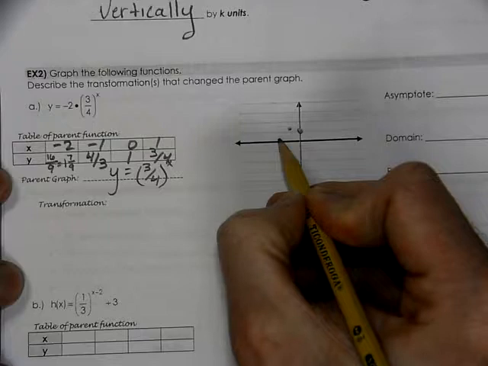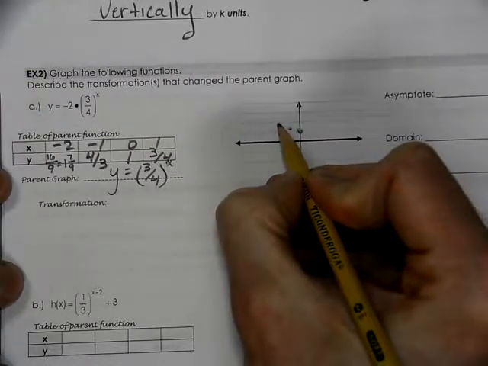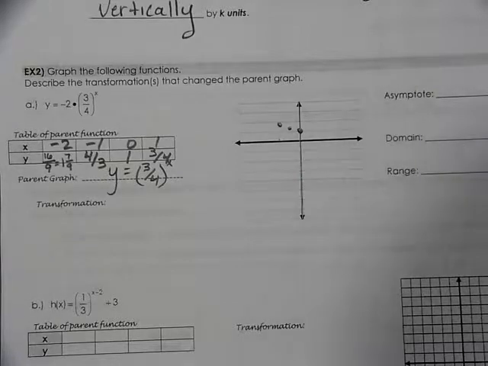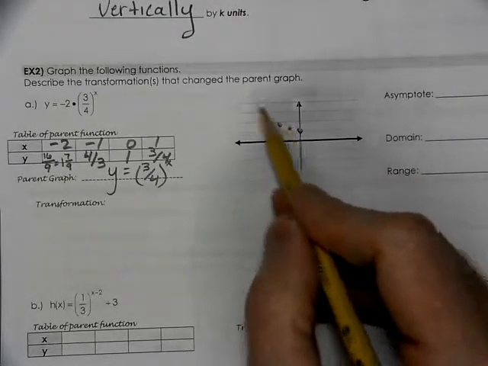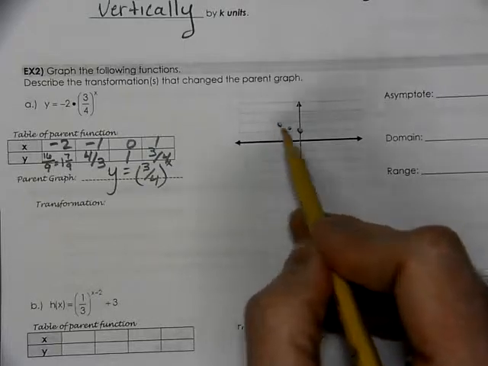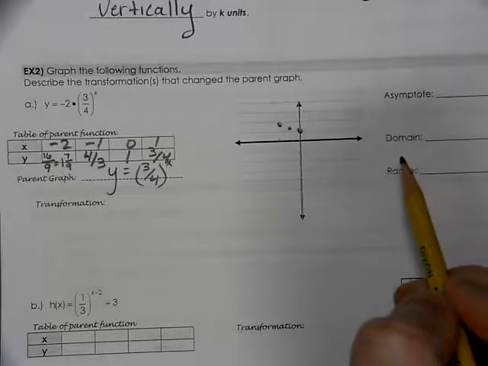At -2, we're up at 1 7/9. So that's like 1.777. So it's increasing very slowly. It's increasing to the left, but we call that decreasing to the right.